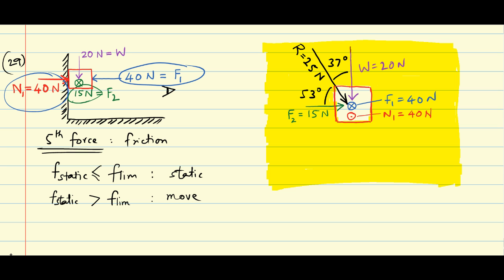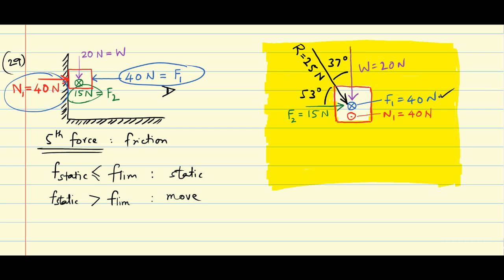Right, so now let's calculate what is the required static frictional force to keep the block static. Remember, we are making the assumption that the block is static. What are the forces acting? F1 is a push towards the wall.